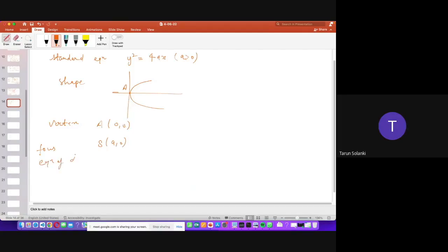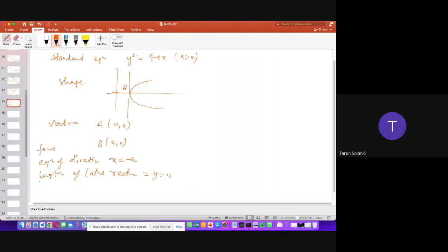Equation of directrix: this becomes x is equal to minus a. Then the axis, which is y is equal to 0.